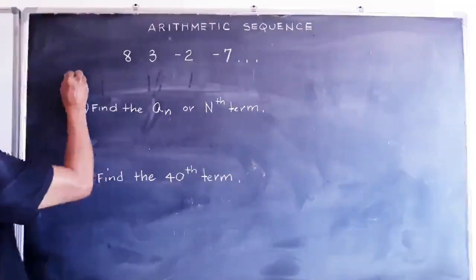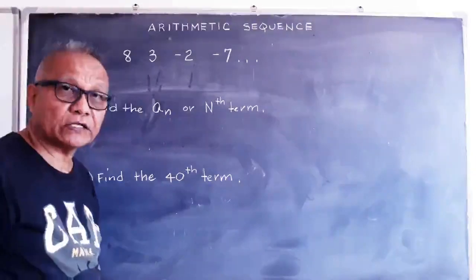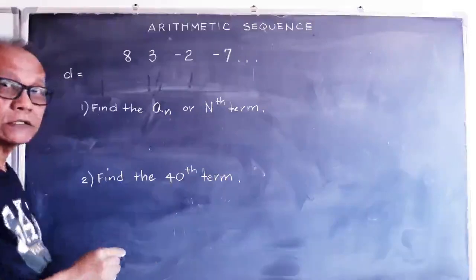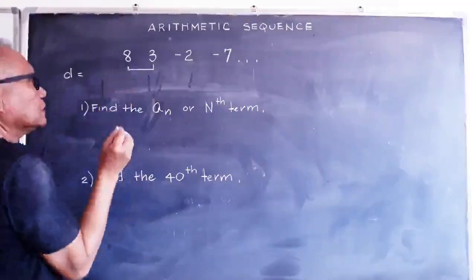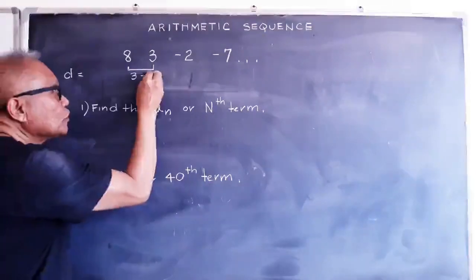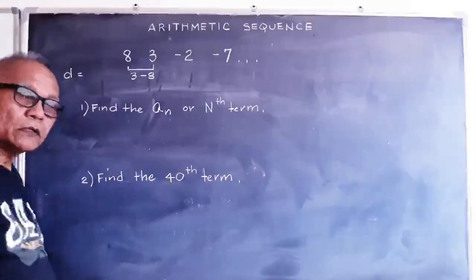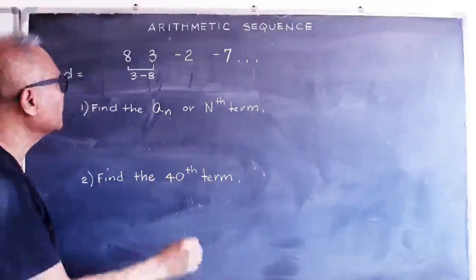So let's find the difference, because we will use the difference always. So we have here 3 minus 8. And what is 3 minus 8? It's negative 5.